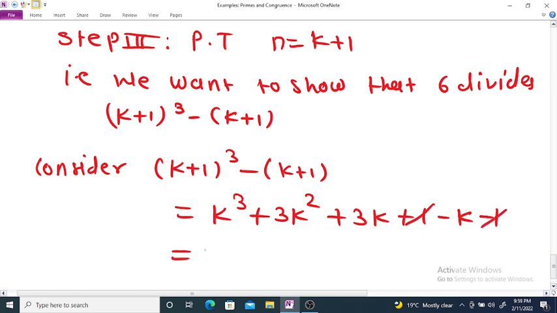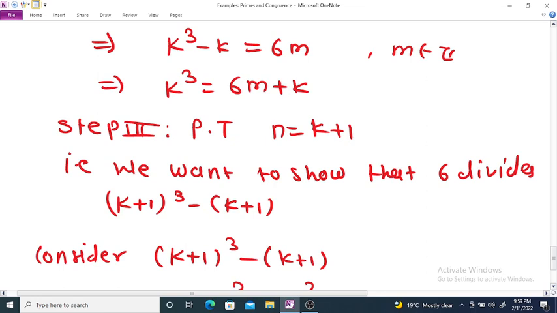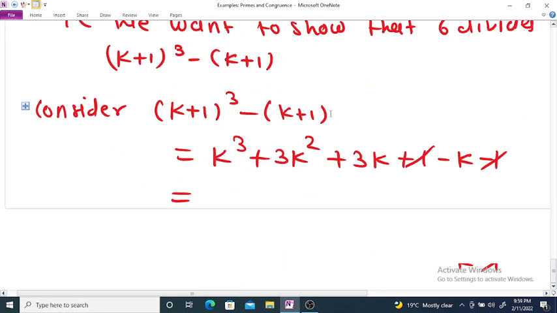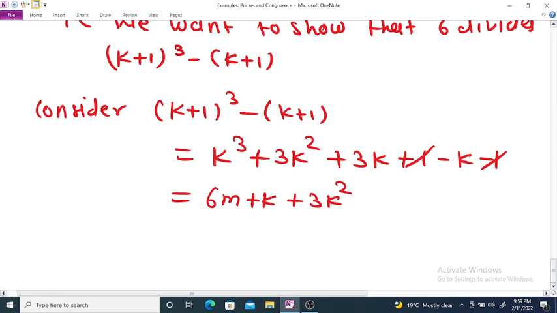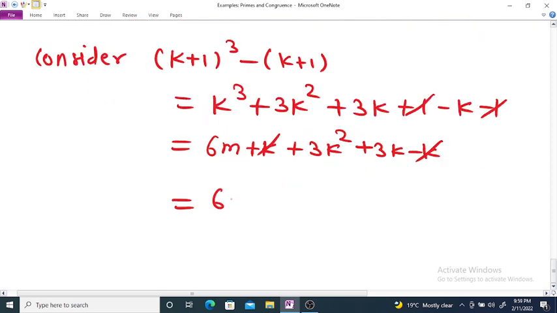The value of k cube from step number 2 is 6m plus k. So if you replace here, 6m plus k plus 3k square plus 3k minus k, so this plus k minus k will get cancelled.